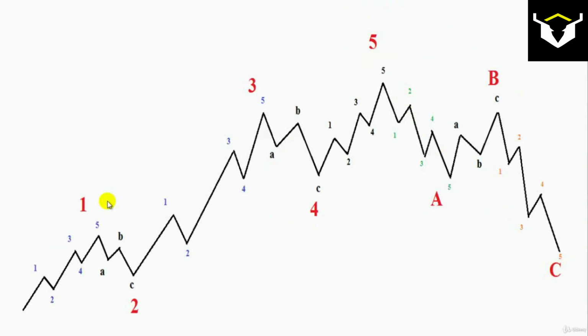The market never runs out of Elliott wave structures. You can find these structures on the 5-minute chart, 15-minute chart, hourly, daily, weekly, monthly, quarterly, yearly, whatever the time frame, you'll find Elliott wave structure unfolding in the market.